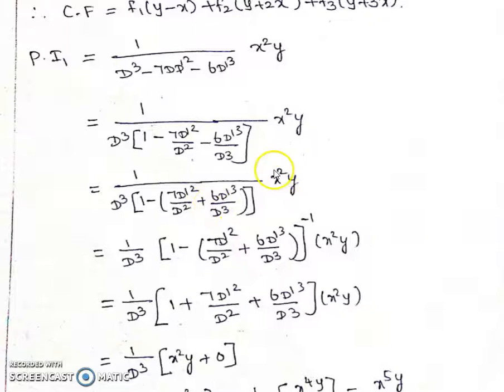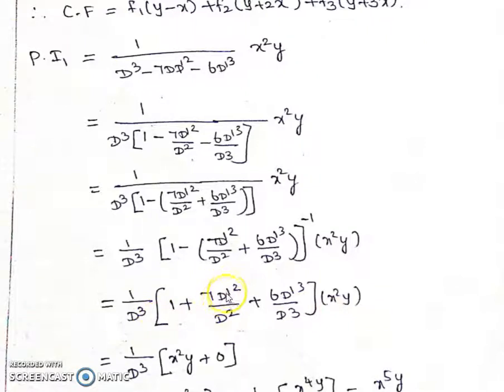If this term is taken to the numerator, it can be written as the whole power -1. We know the formula for binomial expansion: (1 - x)^-1 = 1 + x + x² + x³ + etc. So after expanding this as a binomial expansion, first 1 into x²y is x²y.